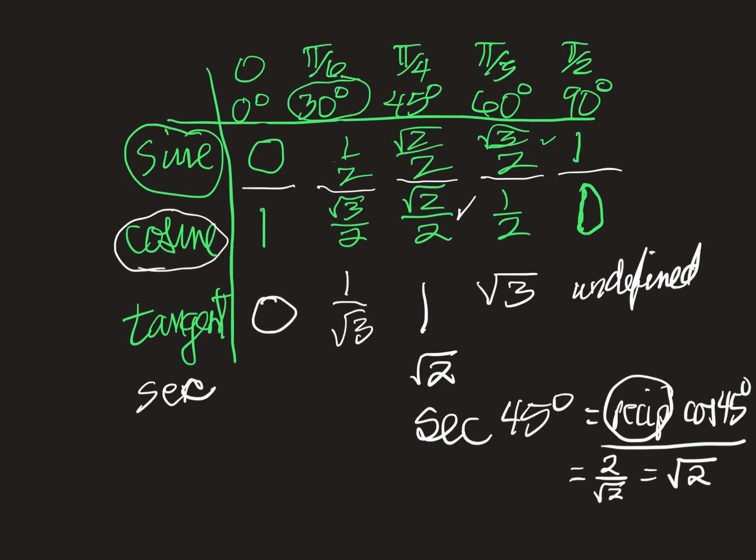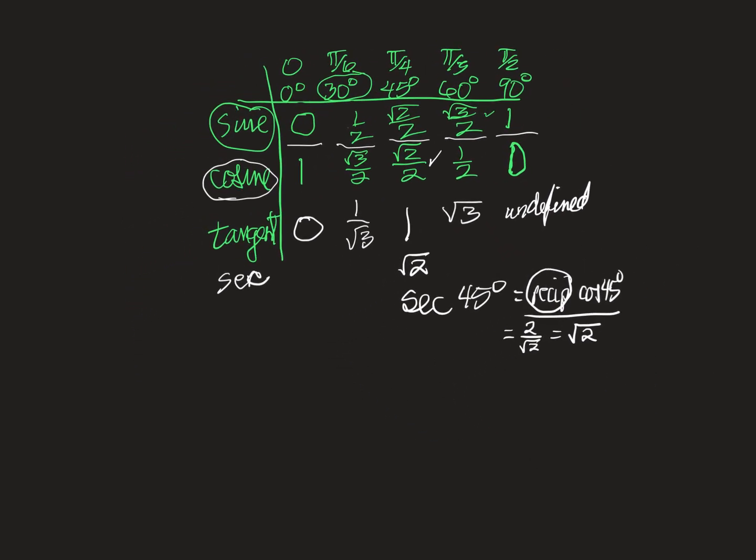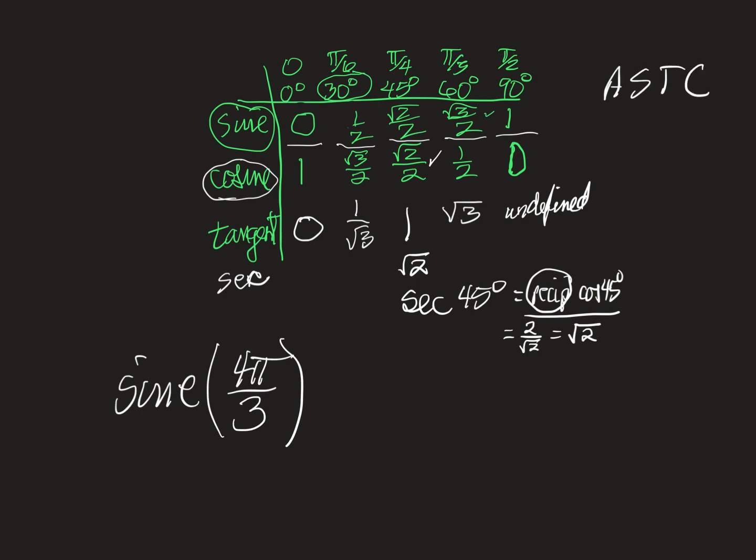What if somebody asked me what the sine of 4 pi over 3 is? Okay? I don't have my circle, all I have is this table. Well, if you'll remember, all students take calculus. This matches up with quadrant 1, quadrant 2, quadrant 3, and quadrant 4.